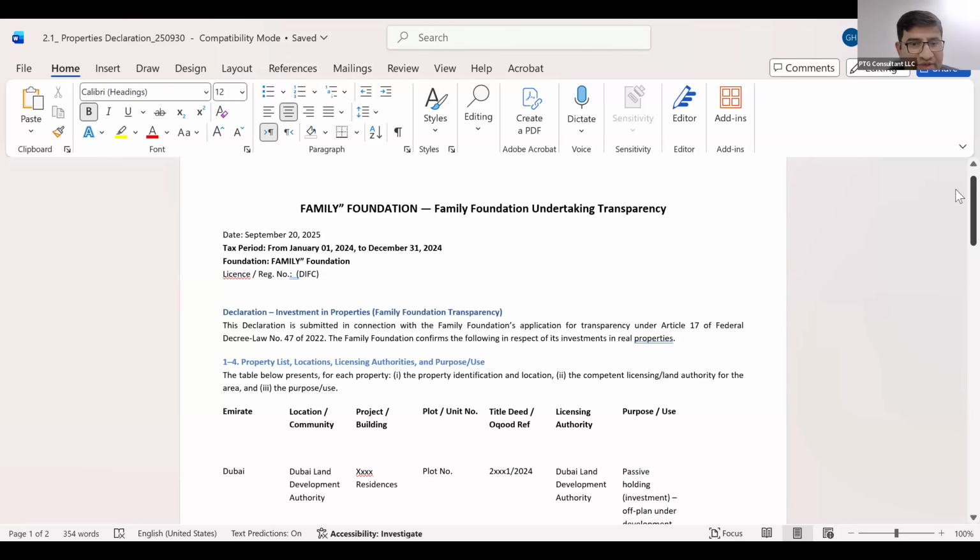Now here we have to get the detail from the client. What are the property we have? And in the property, we have to give all the reference. Why? Because when we give the document to FTA without this information, FTA will raise the query. They will send back the application. They will ask this detail.